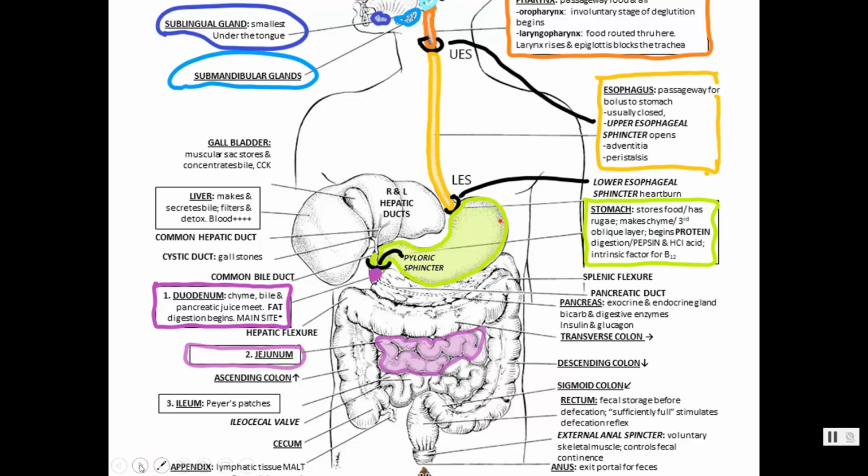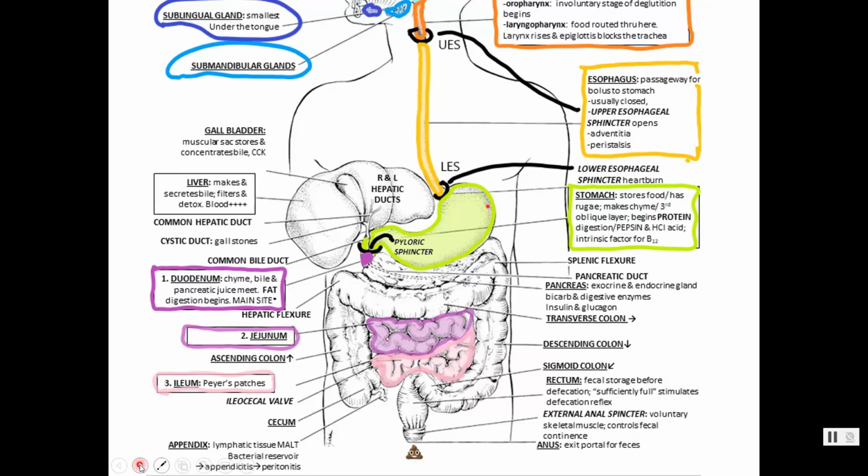About 1/3 is jejunum, and then 2/3 is going to be ileum, which is our third portion, or the most distal portion of the small intestine. So duodenum, jejunum, ileum. There is no hard, fast landmark between the jejunum and the ileum. The structure somewhat changes. The walls get somewhat thinner when you get to the ileum, and then those visible Peyer's patches, that mucosa-associated lymphatic tissue, you can see those in the ileum.